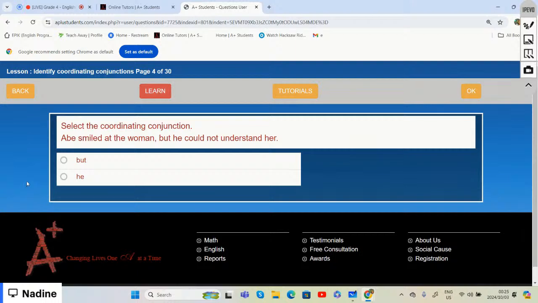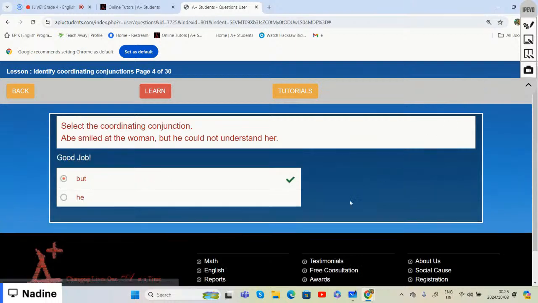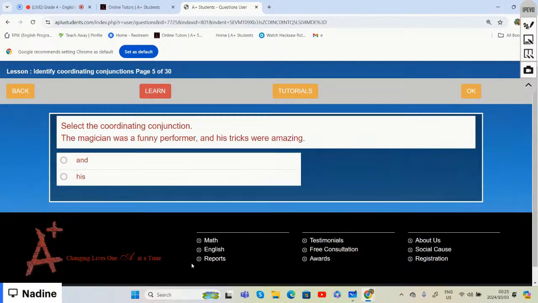So coordinating conjunction, is it but or is it he? If we were to choose the correct option, we will go with option one. But he could not understand her. Let's look at the next one.